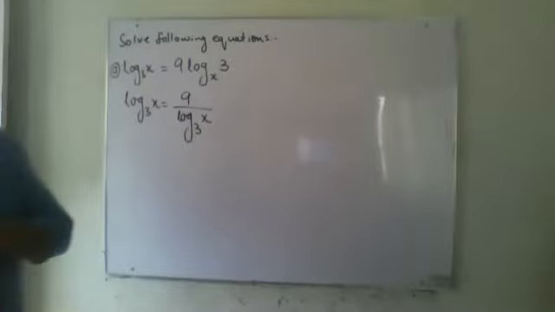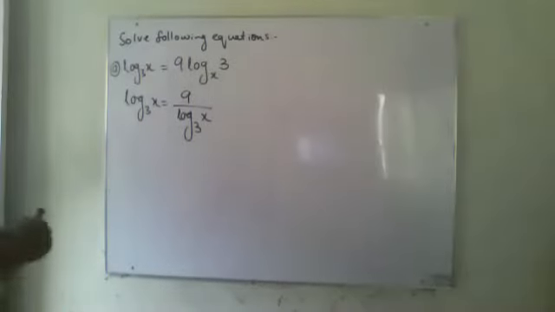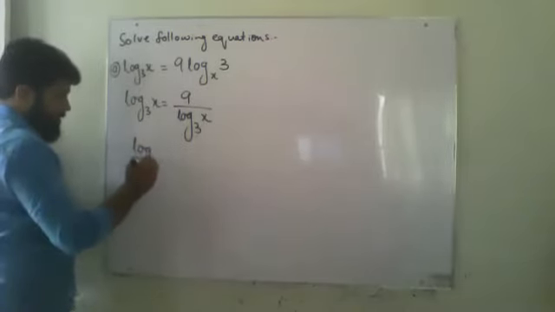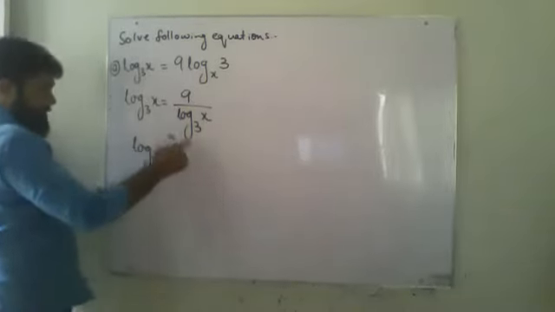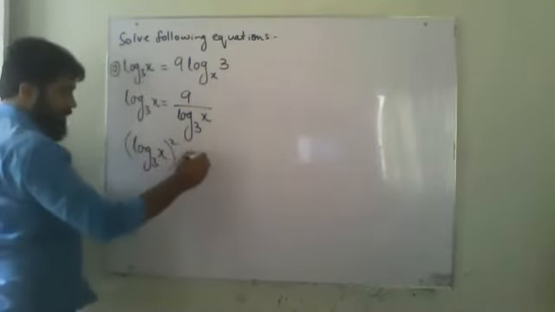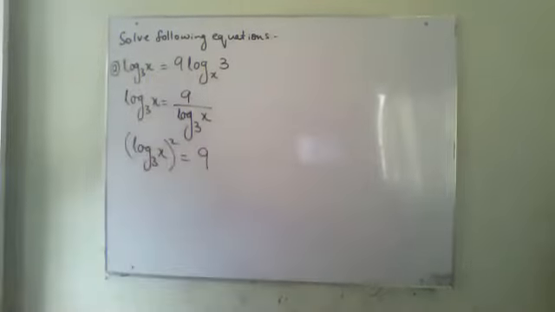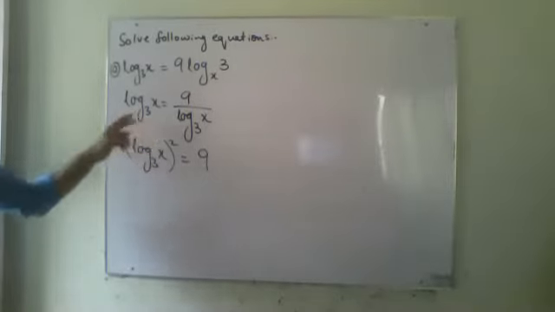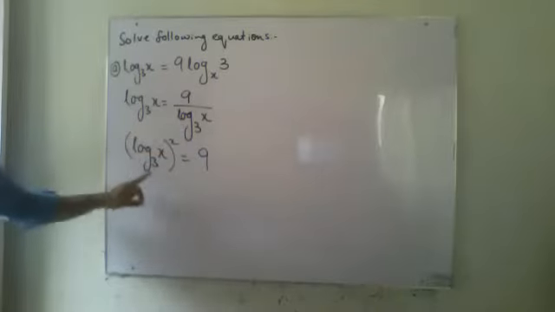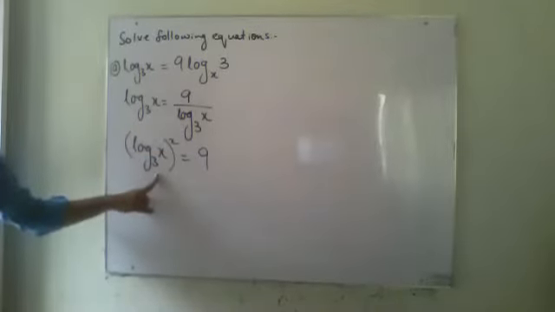After this, I can shift it. When I shift this thing over here, it will become whole square equals to 9. Not only square on x, it will be whole square because this thing is shifting over here and it is getting multiplied. So I have written it in this way.